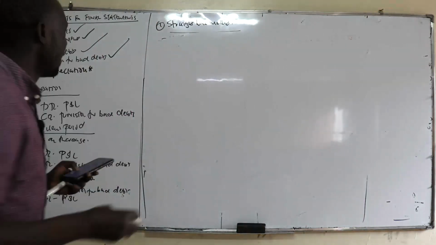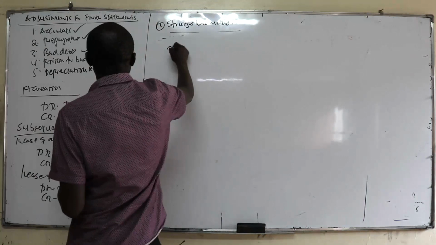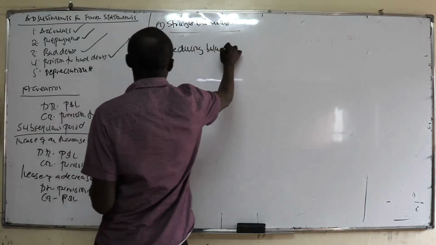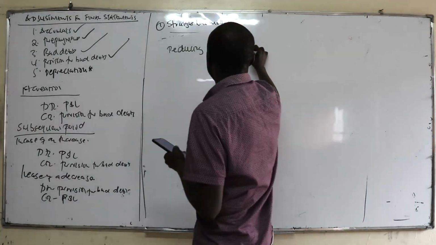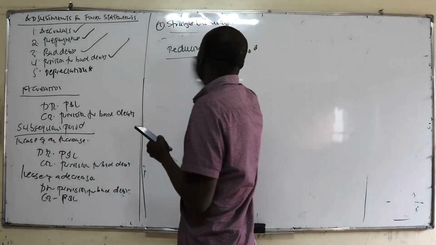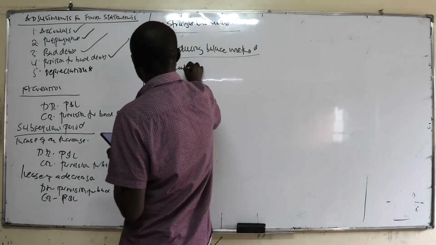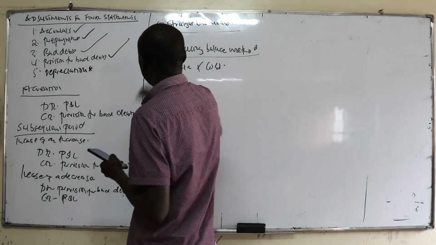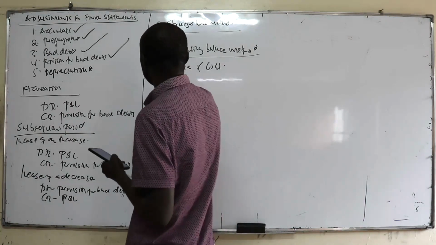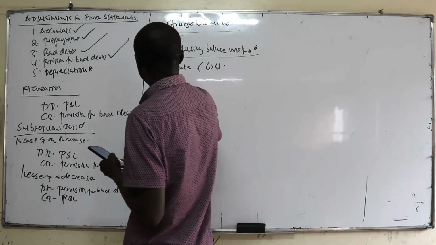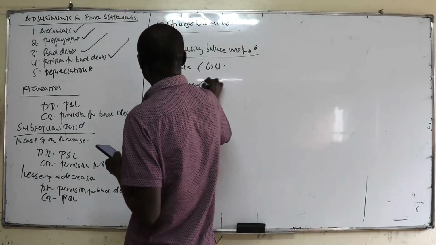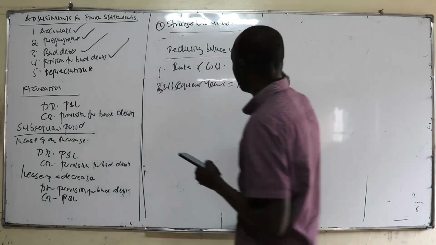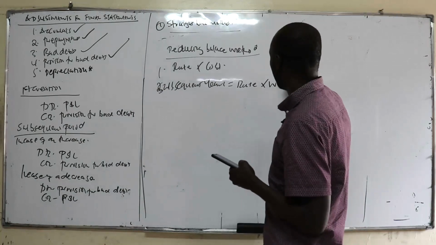So under the reducing balance method, you determine a particular rate, and then you apply it on the cost in the first year. In the subsequent years, it is the rate times the written down value, or the reduced value.